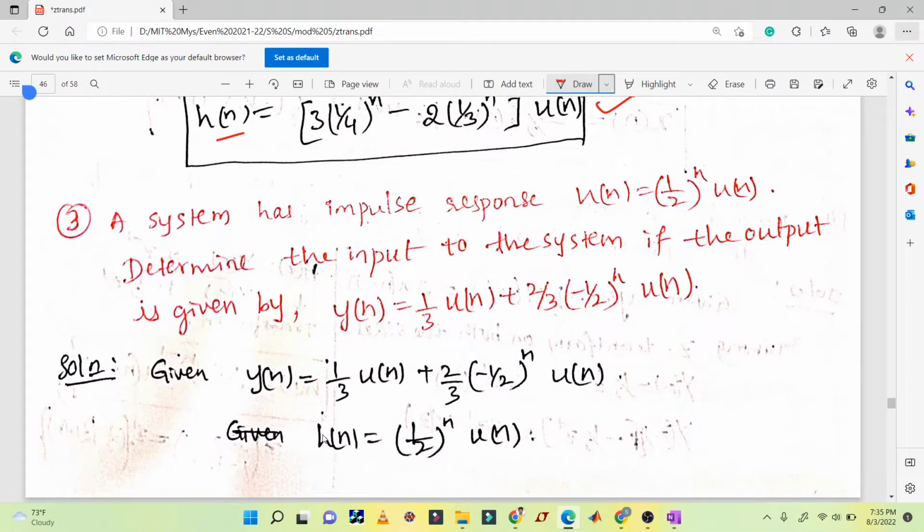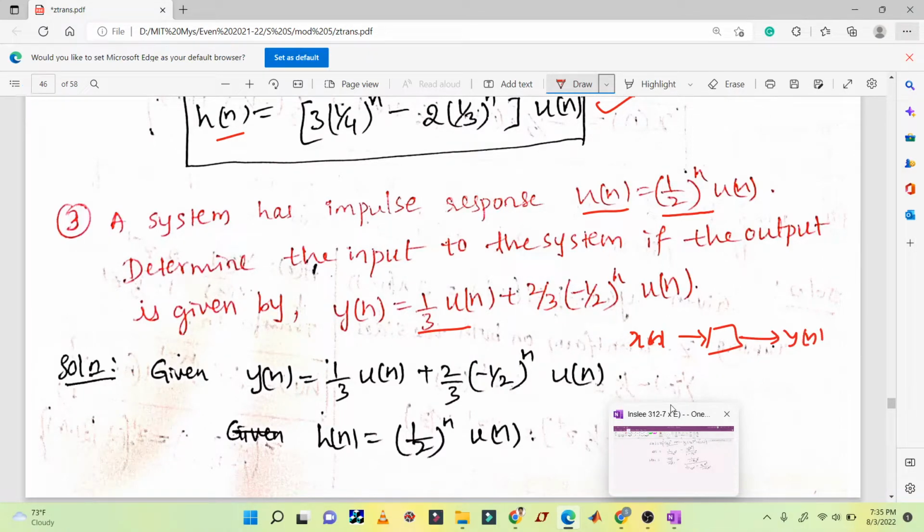Is that clear? Now in the next problem, we have been given a system with impulse response h of n equal to 1 by 2 to the power n u of n. Output is 1 by 3 u of n plus 2 by 3 minus 1 by 2 to the power n u of n. So we have an input x of n, a system, and output y of n.